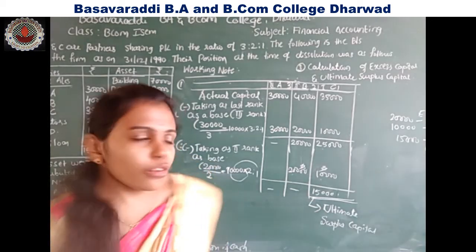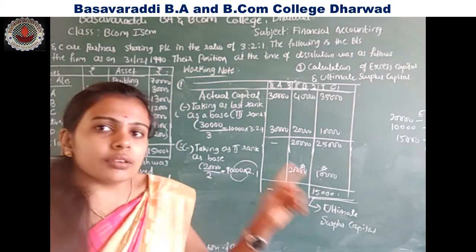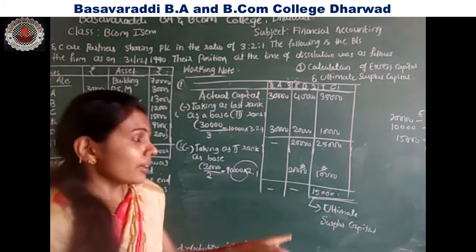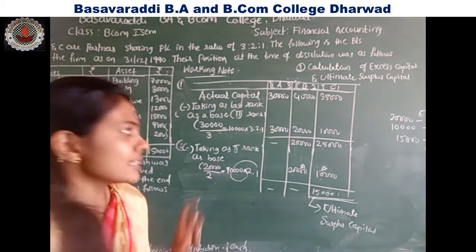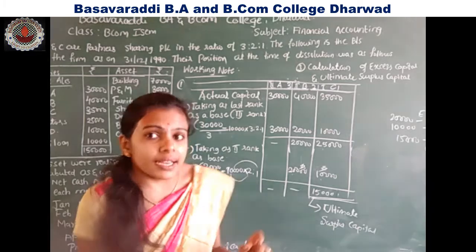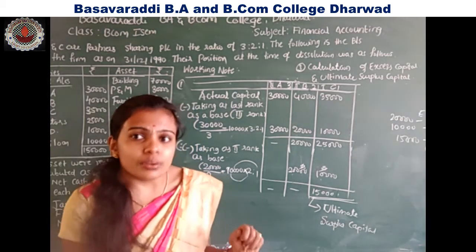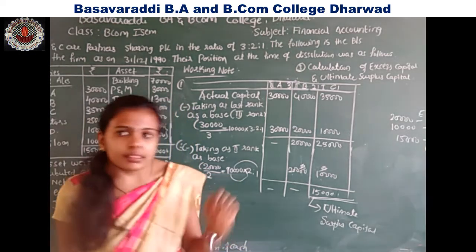Ultimate surplus capital of partner C is 15,000, and the excess capitals of partners B and C are 20,000 and then 10,000.